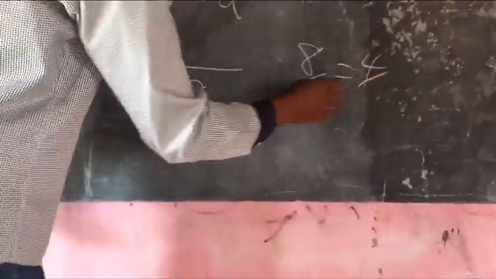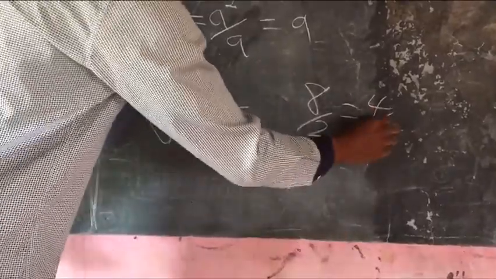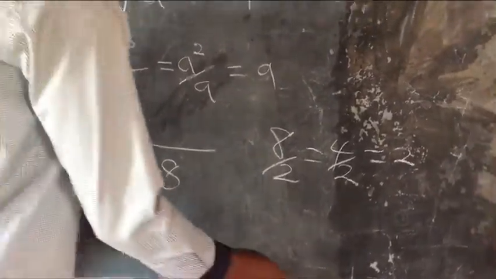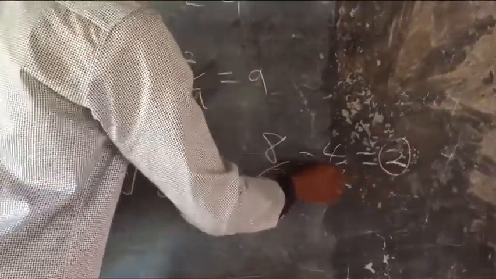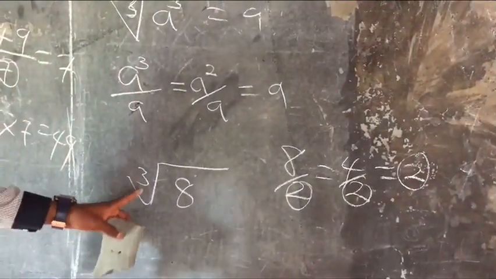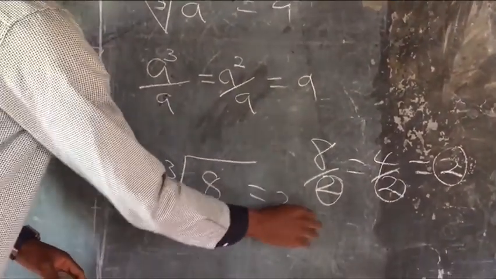If I take 8 and divide by 2, I will get 4, right? Then if I divide that again by the same 2, I will get 2. So if I multiply these 2, and these 2, and these 2, I will get 8. Therefore, the cube root of 8 is 2.